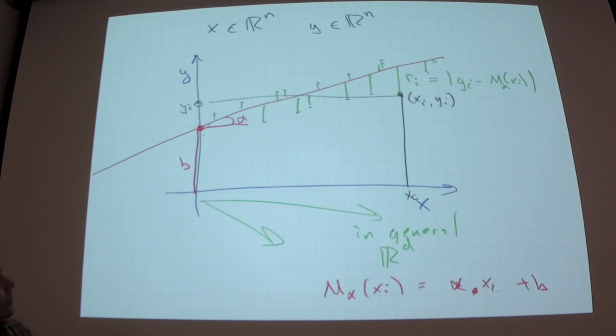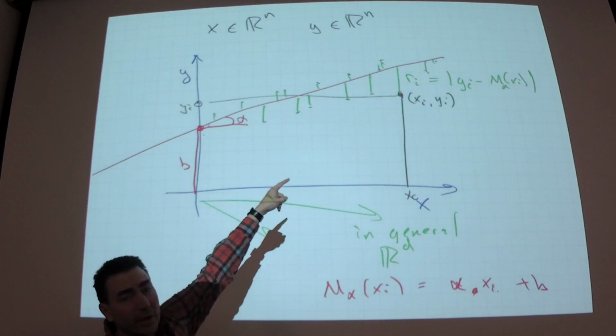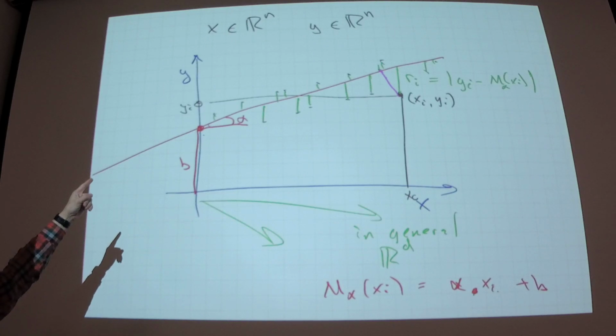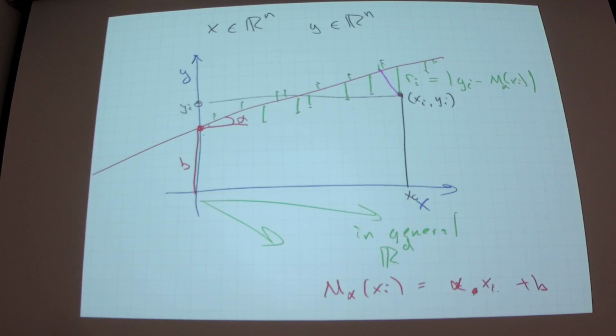This y distance is the error of this one data point. It is not this distance, where you map it to the closest point on the line. That's not the error. It's only in the y direction.